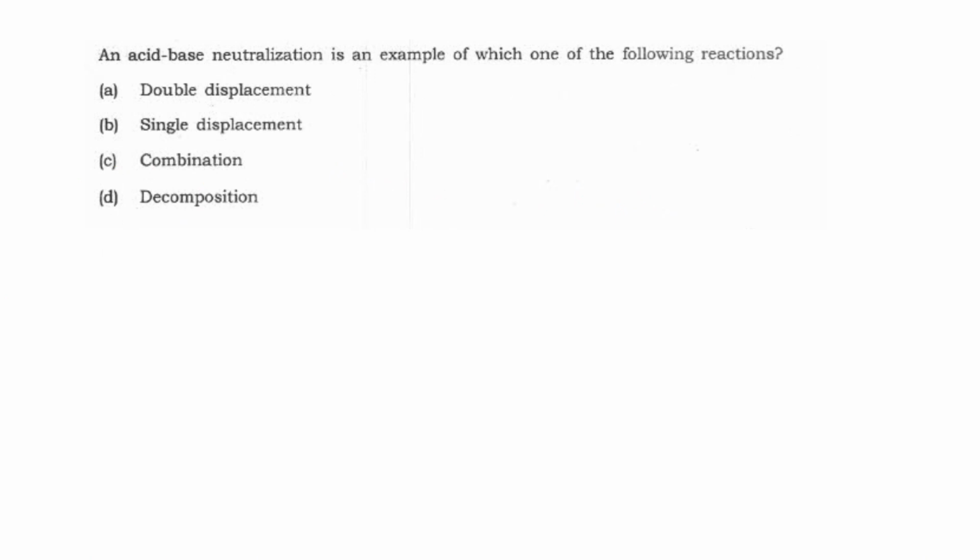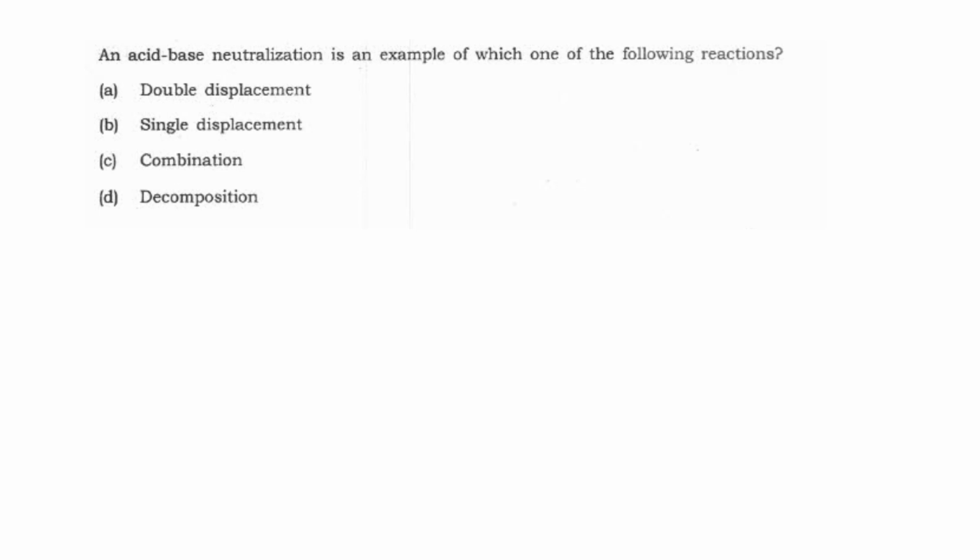Okay. So the next question is, an acid-base neutralization is an example of which of the following reactions? Okay. So this is an example of the double displacement reaction. So what is a double displacement reaction? In a double displacement reaction, there are two compounds which react by an exchange of ions to form two new compounds.